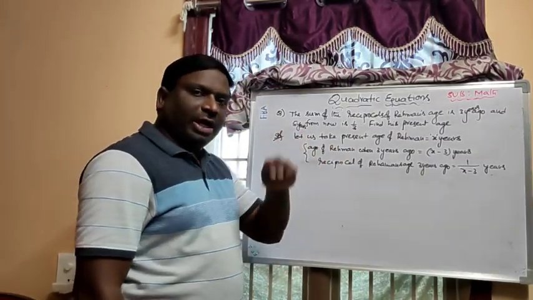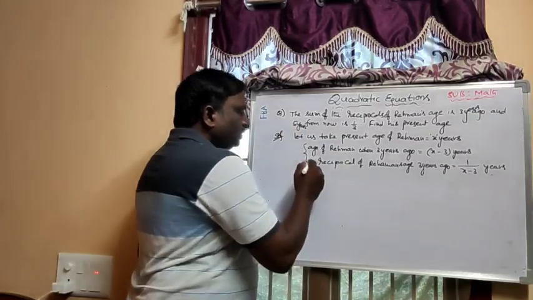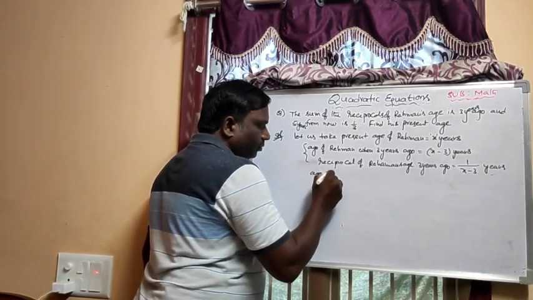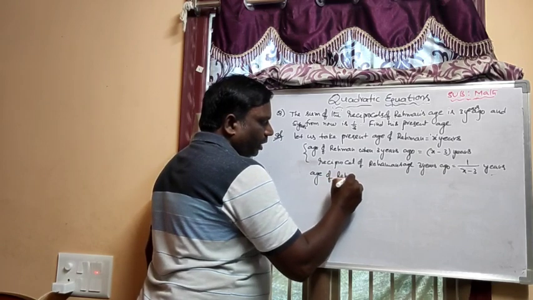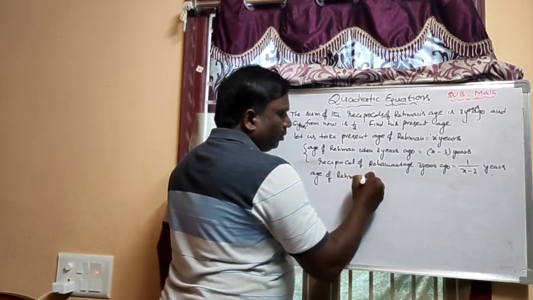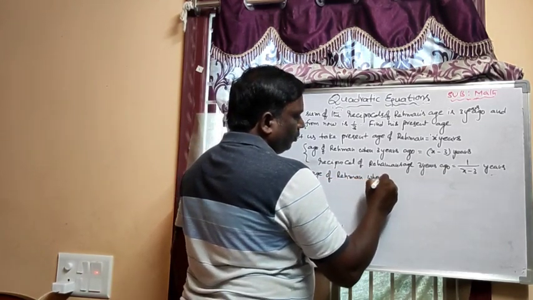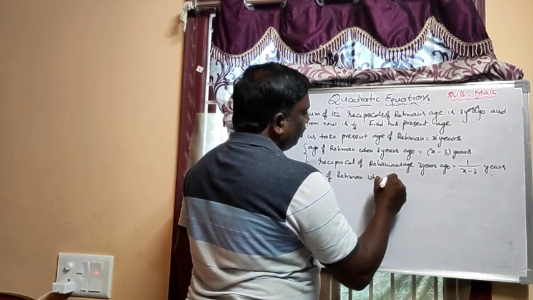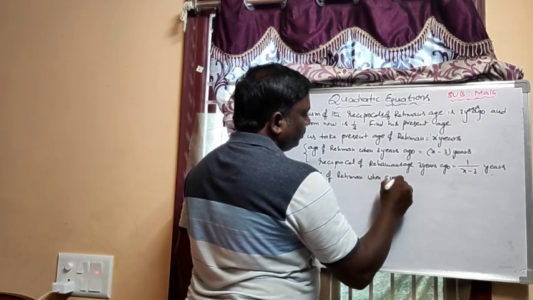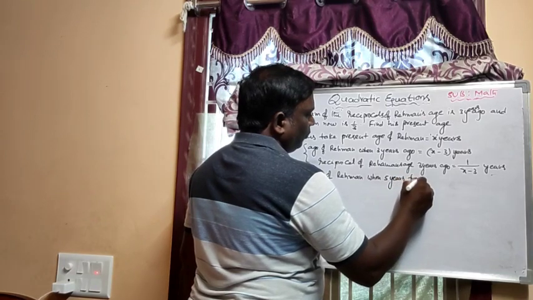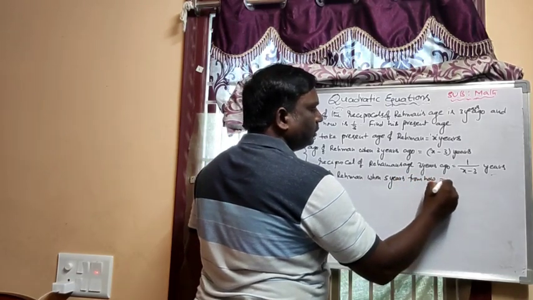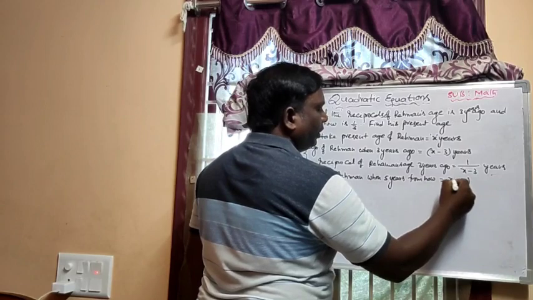The age of Rahman 5 years from now or hence is x plus 5 years.